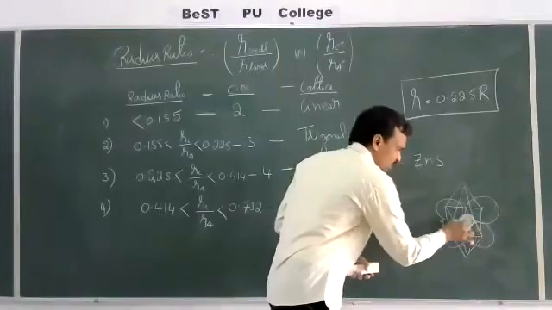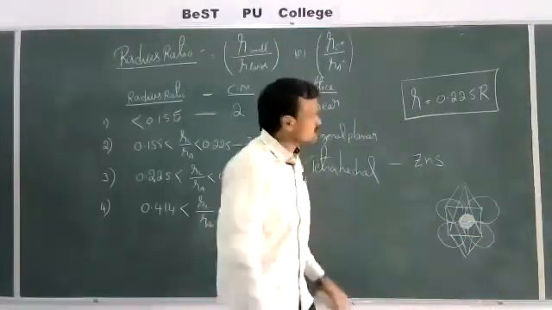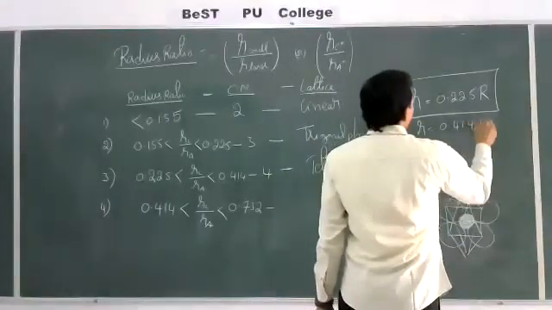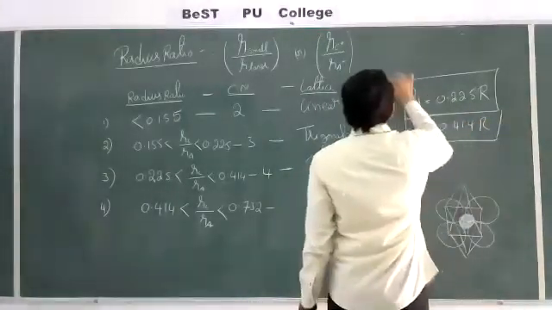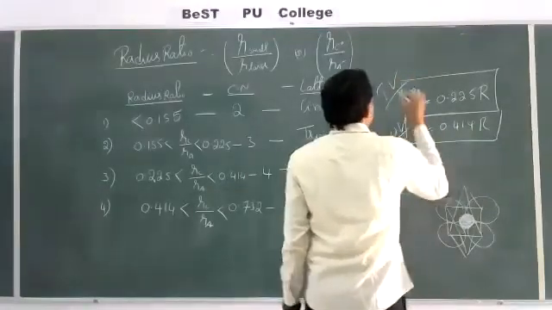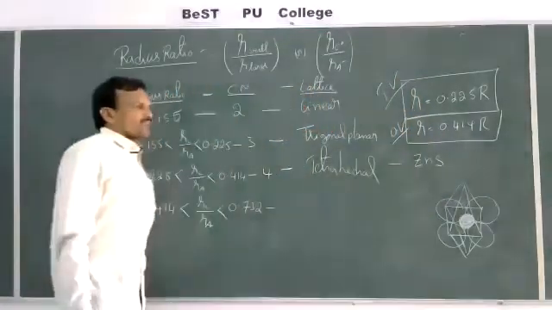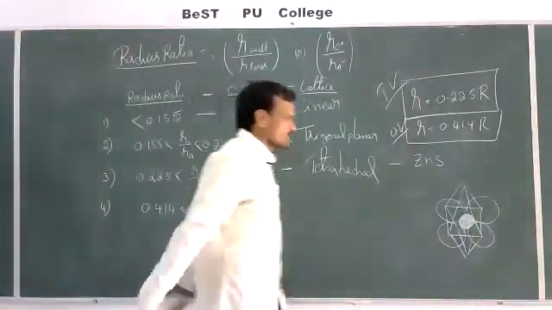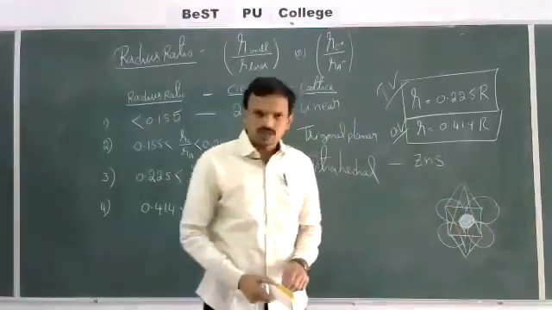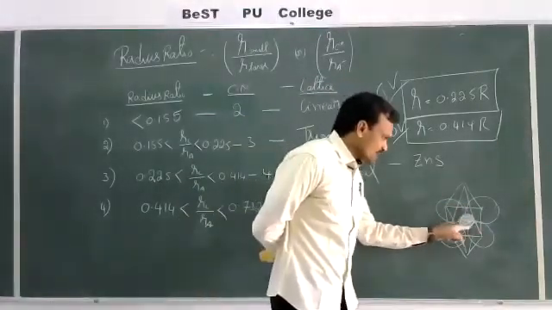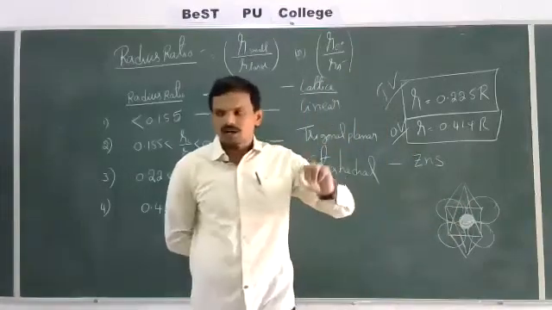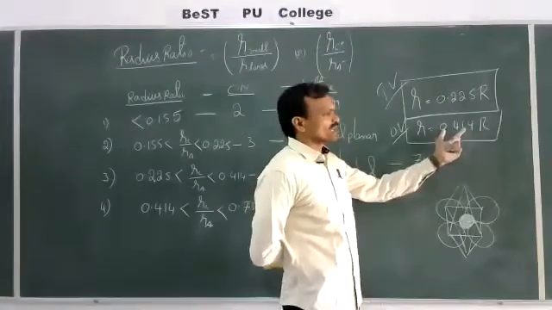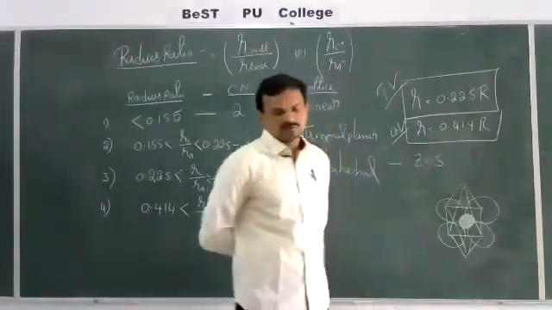Now the radius of the particle occupying this octahedral void is small r equal to 0.414 R. This is for tetrahedral voids and this is for octahedral voids. So if a lattice has exactly an octahedron, meaning all 6 particles are in contact with each other, then the void space will be occupied by a particle having radius 0.414 times the basic lattice radius.